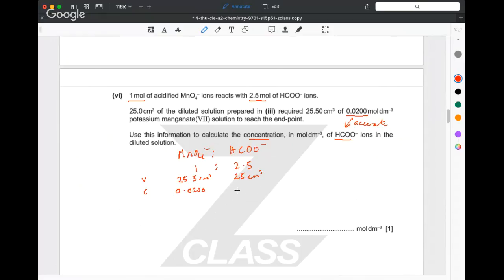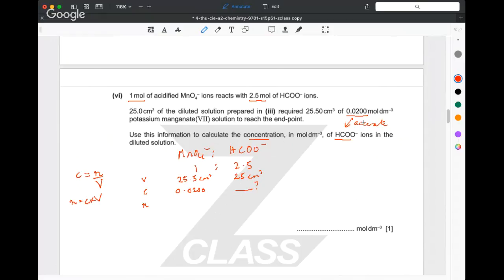And we're trying to find out the accurate concentration there. Well, you're going to be using the formula that the concentration is the number of moles, or the amount, divided by the volume. Now you've got volume and concentration there, so you can work out amount, because amount is just concentration times volume. That's easy stuff.